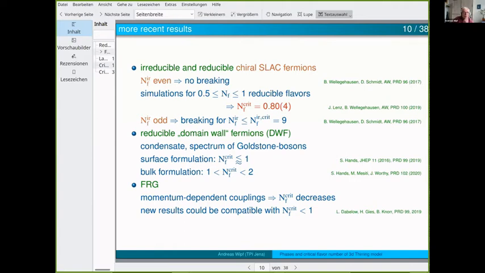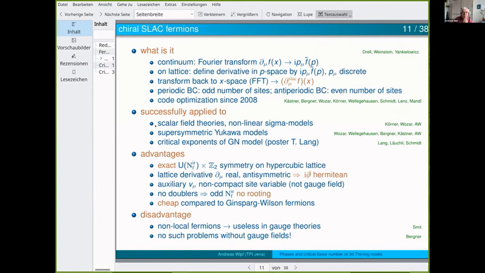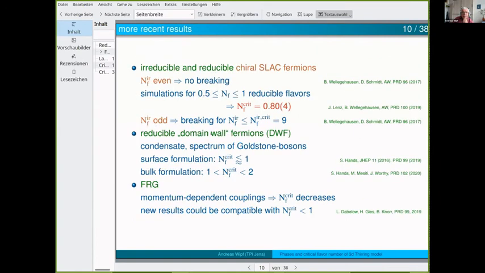Now, for an odd number of irreducible flavors, you can have breaking up to the number of flavors equal to 9 irreducible flavors, or 4.5 reducible flavors.